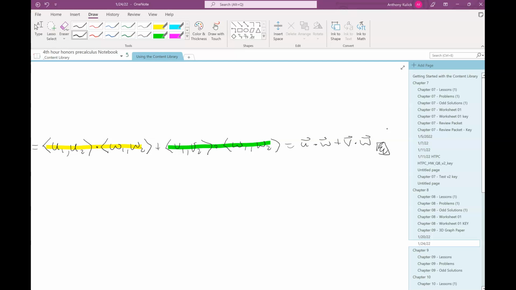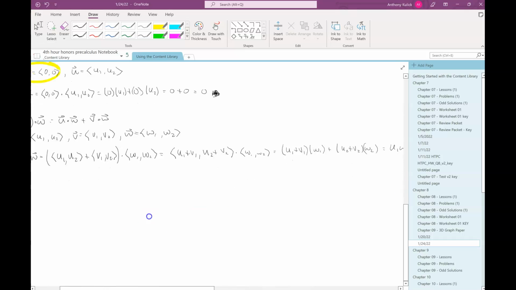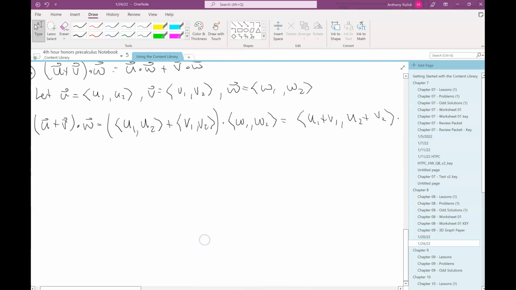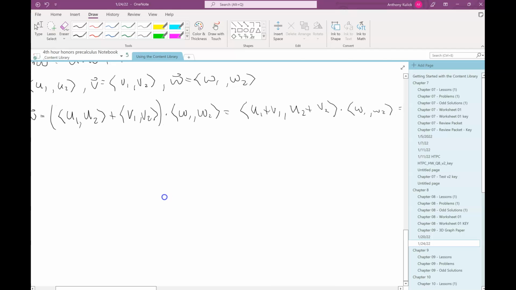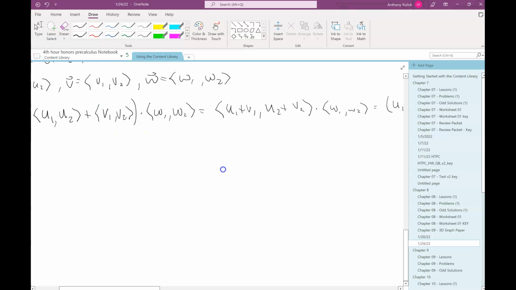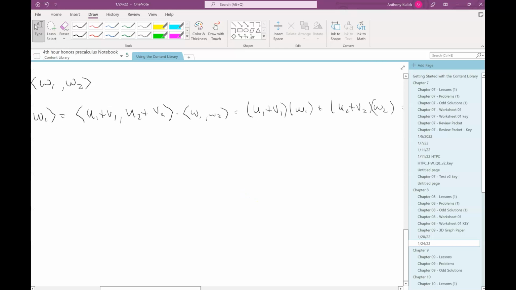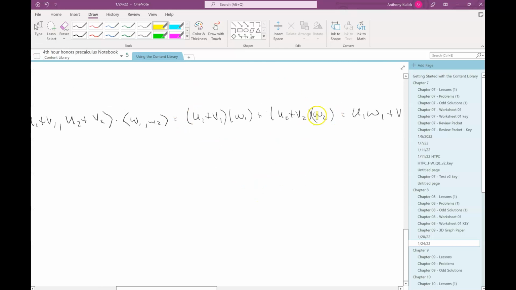Is that okay? It was a little long, but it was all just using the definitions, right? So just to rehash what I did, I added the vectors here to get this. I used the definition of a dot product to get to the next step.